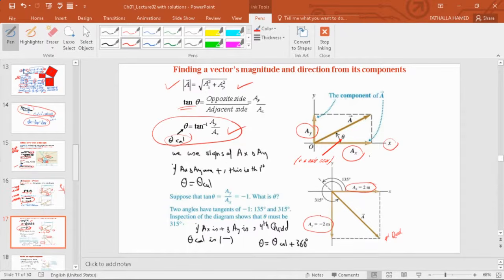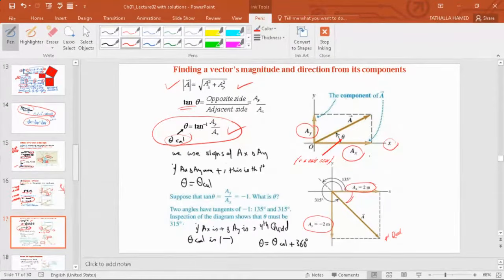If I use this rule here, it may give me this angle here. It will give me minus 45.